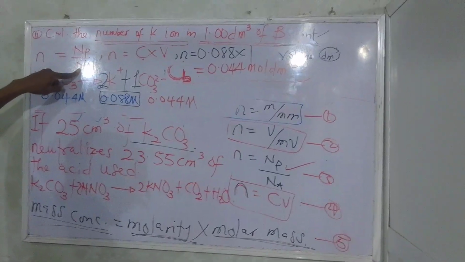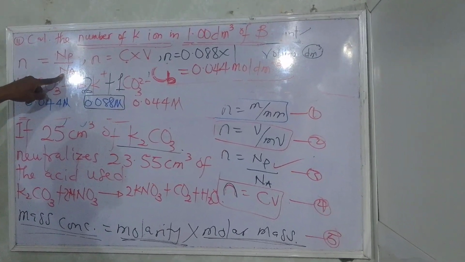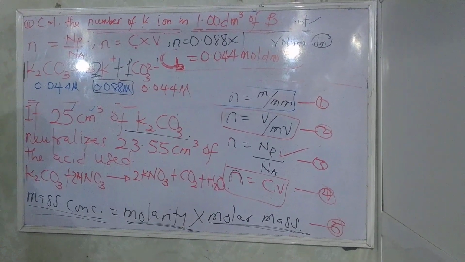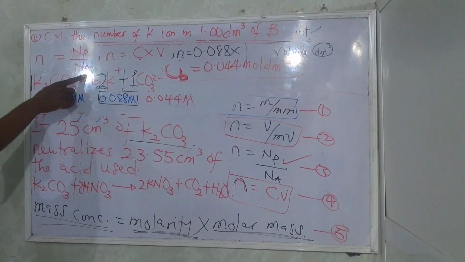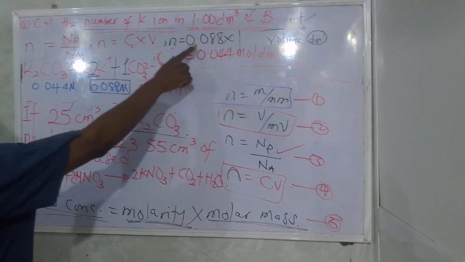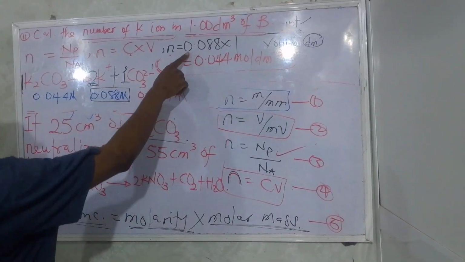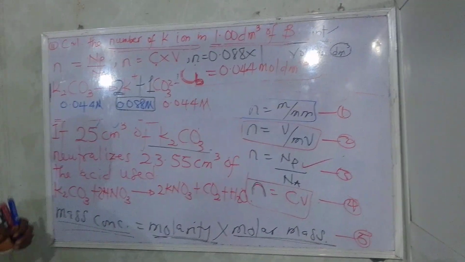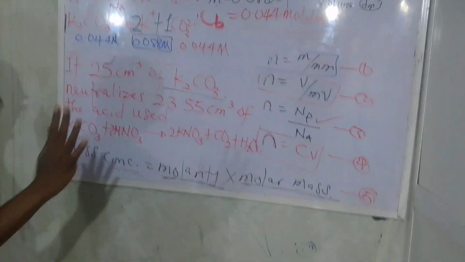They gave us Avogadro's number already in the question, right? That's 6.02 times 10 raised to the power 23. So your correct answer is this multiplied by this: 6.02 times 10 raised to the power 23 times 0.088 is the number of potassium ion in 1 dm cube of B. So that's the answer to the second question.